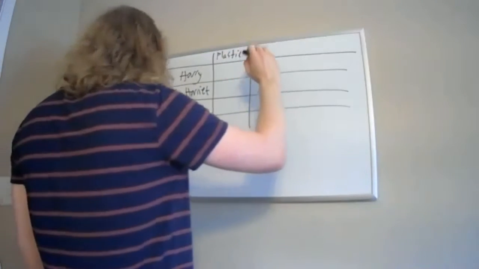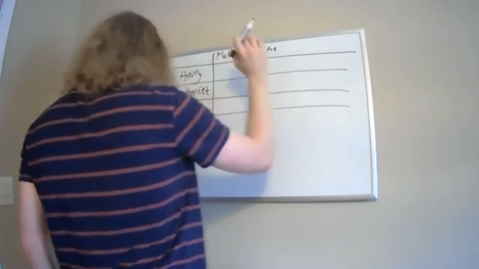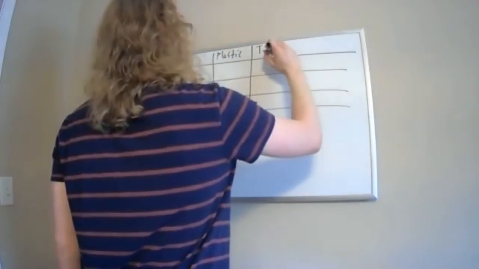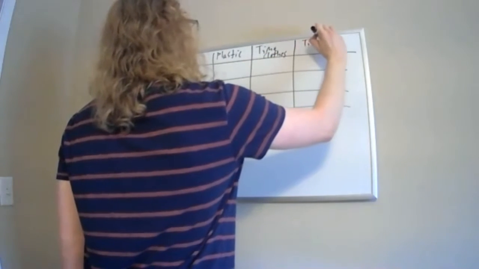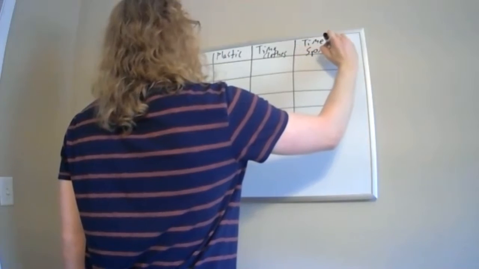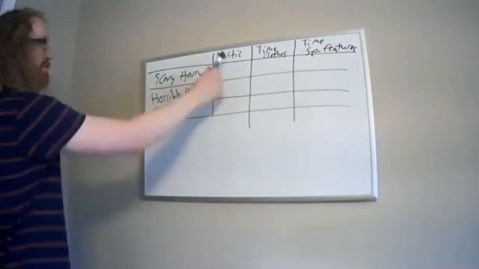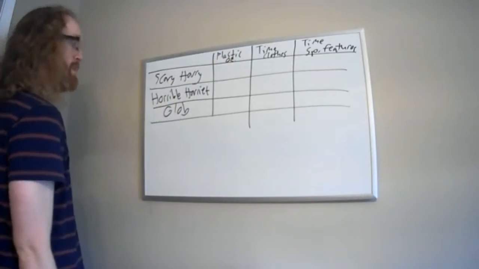It's also going to take time for clothes, and then time for special features. Okay. And so plastic will be in ounces. The time will be in minutes.